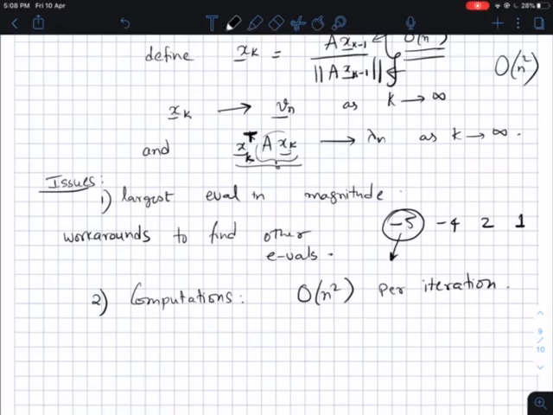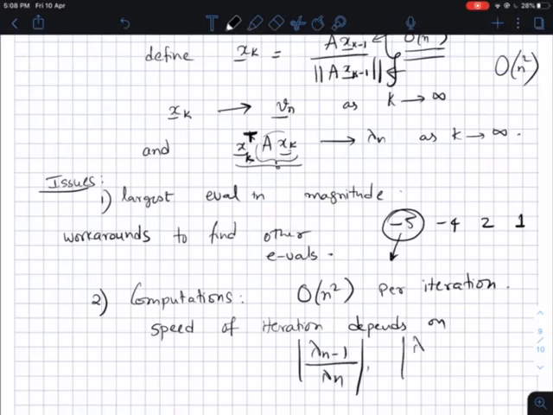And the number of iterations depends on the speed of convergence. How fast does it converge? As I told you, the speed of convergence depends on these ratios, lambda n-2 by lambda n and so on.